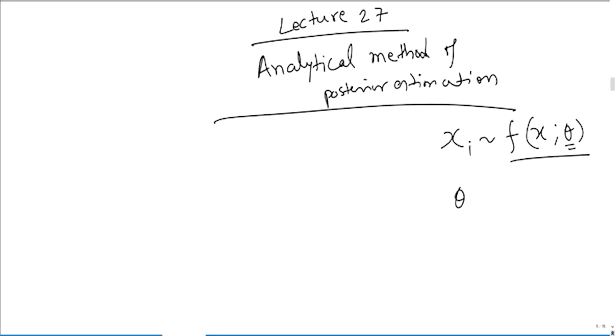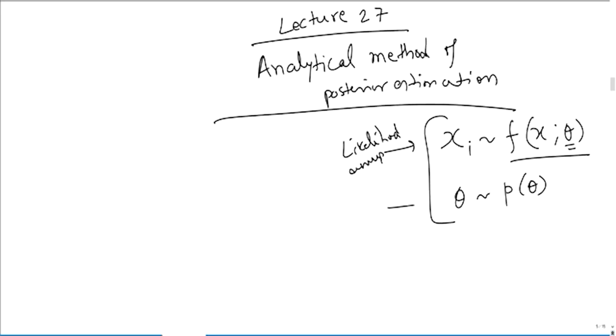And about theta, you make a prior assumption that theta has this distribution p of theta. So this makes your model. This is your likelihood assumption about the underlying process behind your data, and this is your prior assumption, your belief about the parameter before even seeing any data. So this is your model.